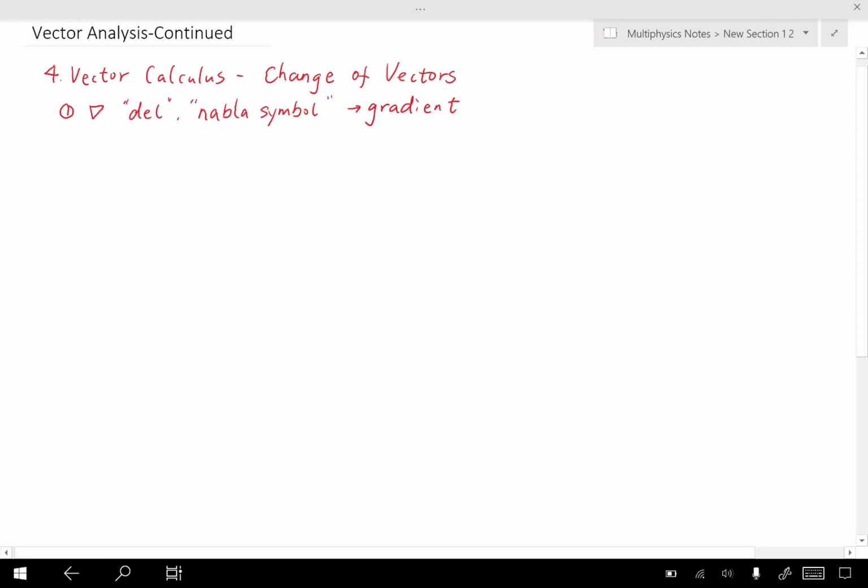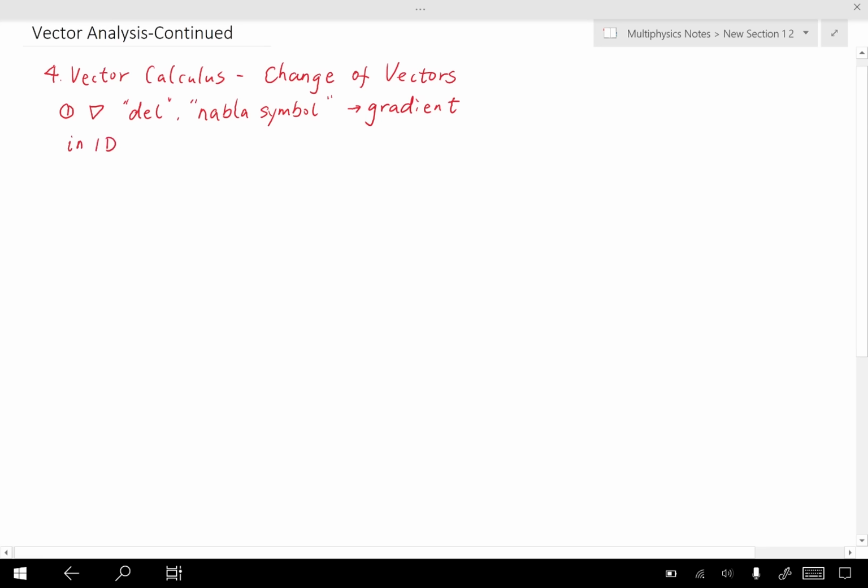And along one specific direction, the height will change in the fastest way, most quickly. That direction is the slope. So that's gradient.